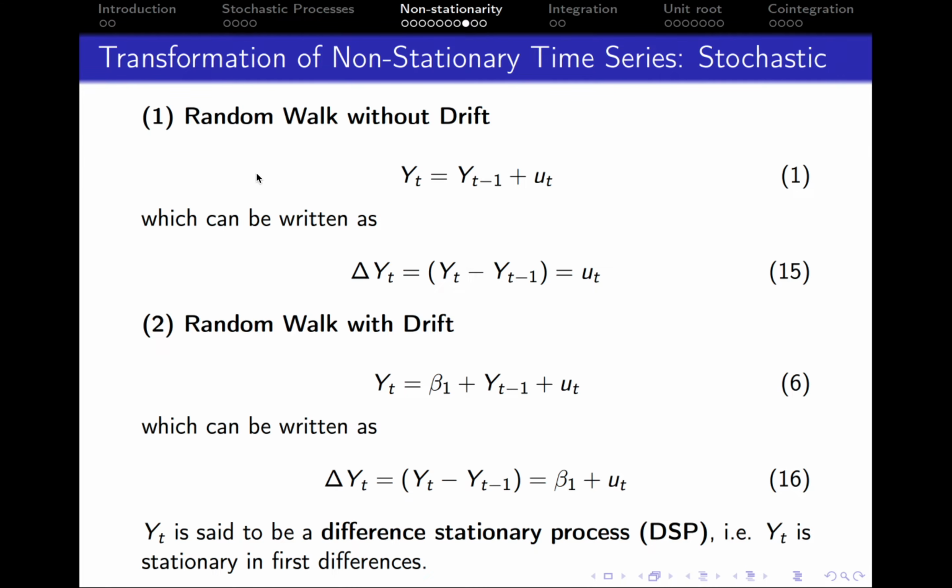In both cases, random walk without drift and with drift, we say that yt is a difference stationary process because yt becomes stationary in first differences. So by moving yt minus 1, we get an expression for yt in first differences, and this variable becomes stationary in first differences.